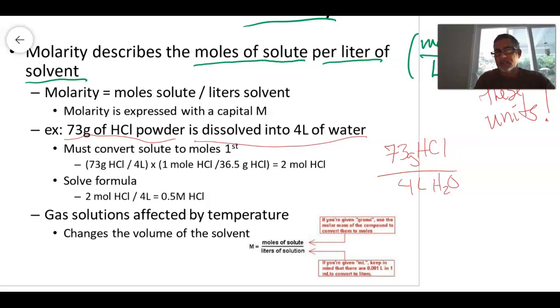But the problem is that the grams is not in moles. So I have to convert to moles first. 73 grams HCl, at 36.5 grams per mole, I get 2 moles of HCl.